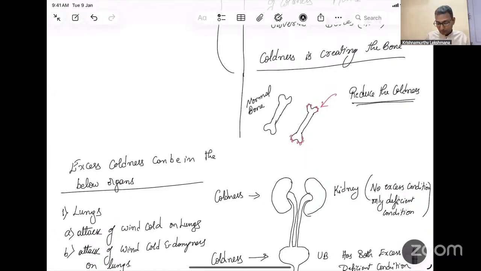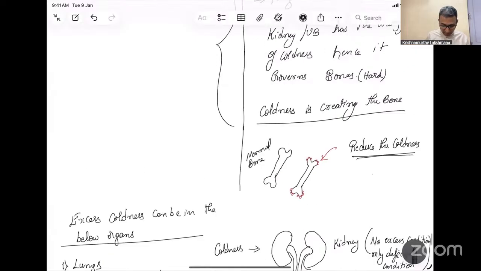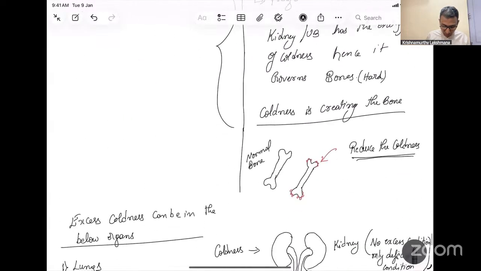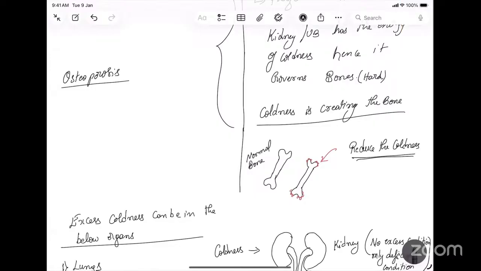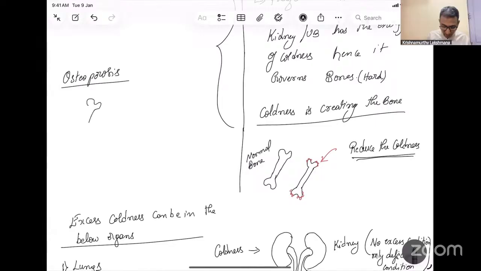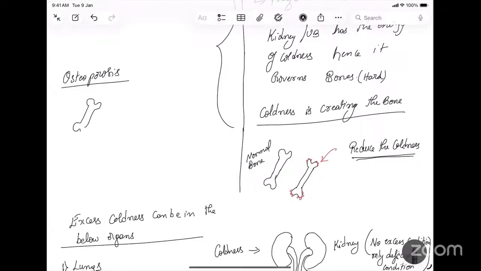And if somebody says there is osteoporosis, what does it mean? It is a deficient condition, I think. The bone is very hollow.